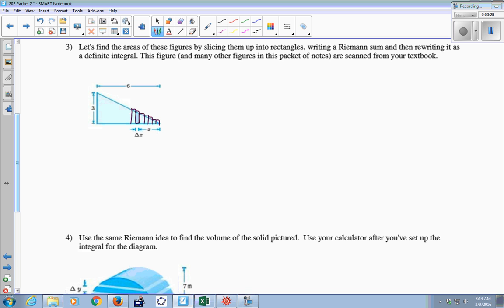So we're just going to look at one typical rectangle. I'll write it out in words here: the area of one typical rectangle. I'm just going to draw one on here.